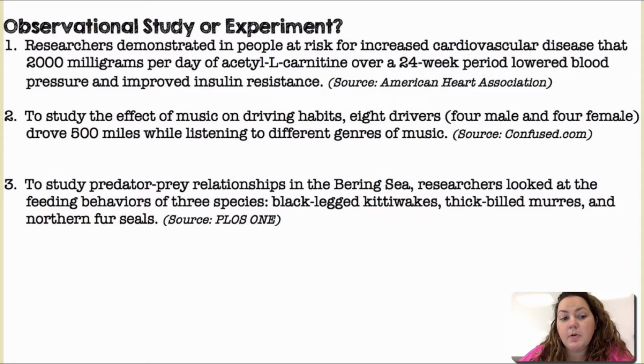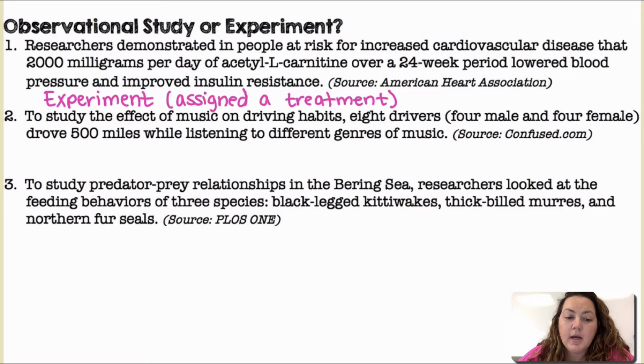Observational study or experiment? Researchers demonstrated in people at risk for increased cardiovascular disease that 2,000 milligrams per day of acetyl L-carnitine over a 24-week period lowered blood pressure and improved insulin resistance. We don't have a whole lot of details, but we are assuming that this was done through an experiment and they were assigned to treatments.